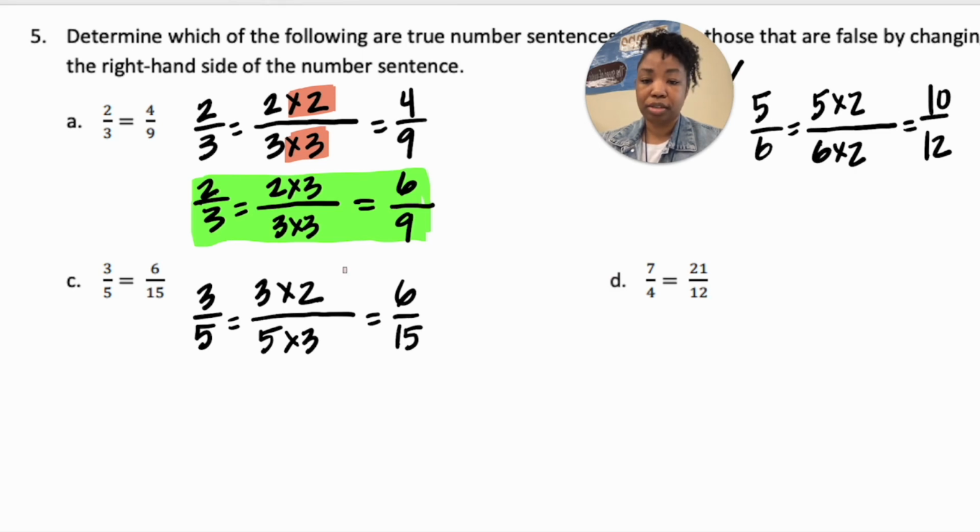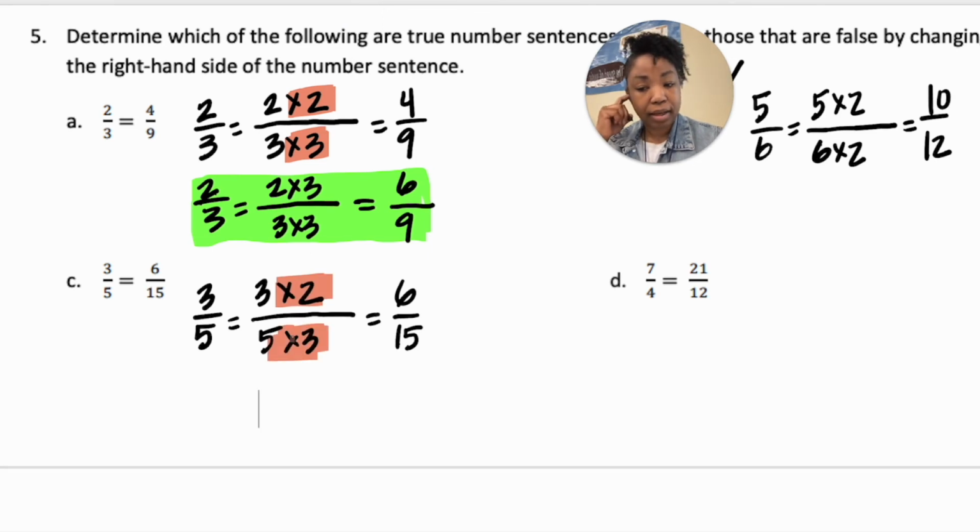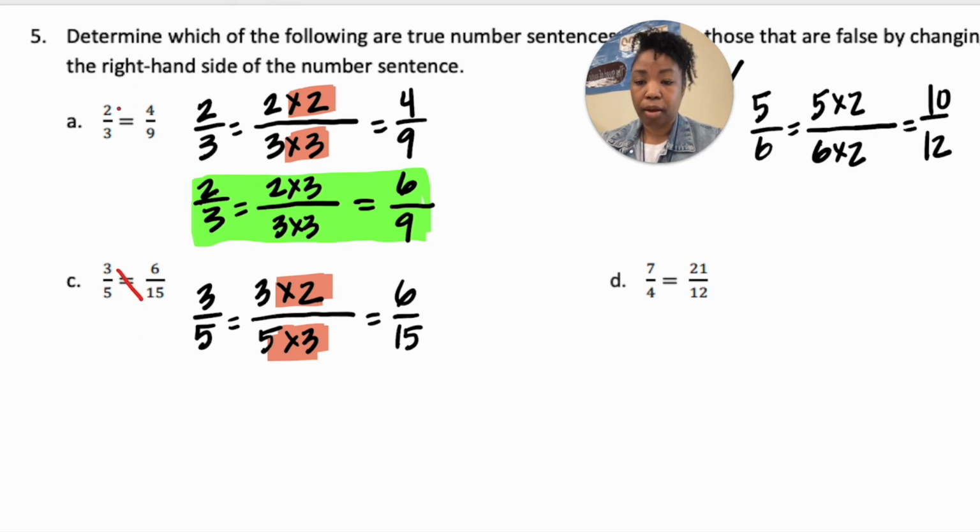So this is false, right? Because these are not equal. And I'm going to even put an X through this equal sign because this is not true. So let's make it true. I'm going to keep the 3/5. I'm changing the fraction on the right side.